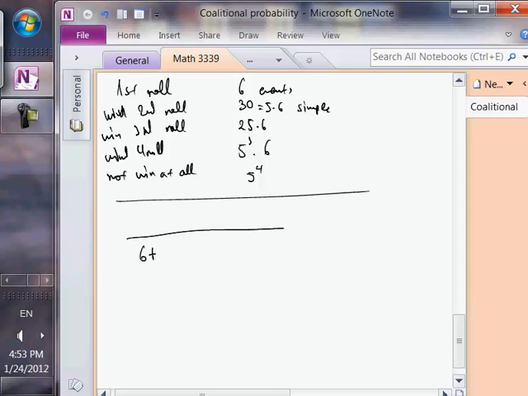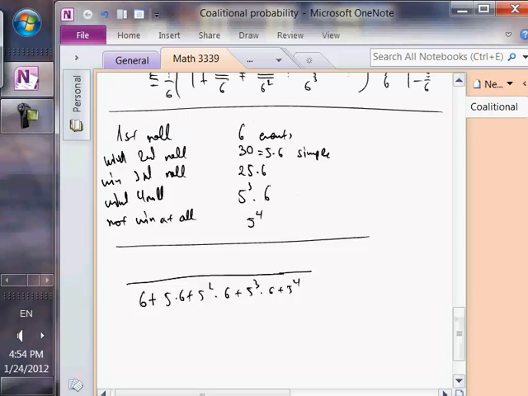We're looking for the sample space, the total number of simple events. Now, if you add them like that, then that will make more sense: 5 times 6 plus 5 squared times 6 plus 5 cubed times 6 plus 5 to the 4th power. And what is the total number of favorable events?